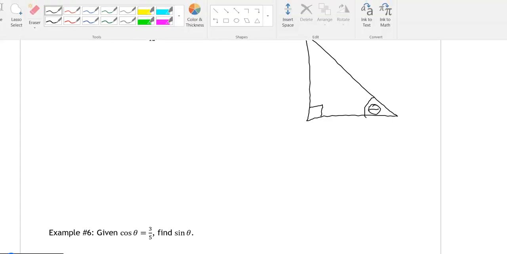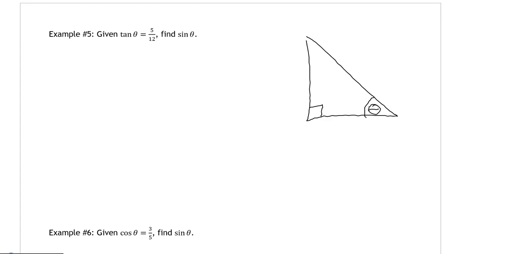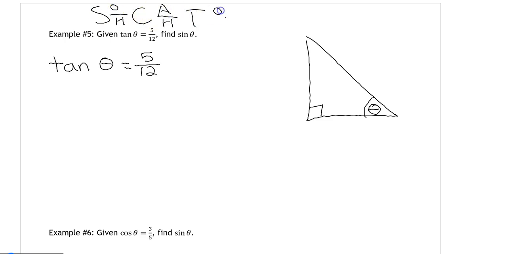So then it tells us tangent of theta equals 5/12. And again, remember, we're still using SOHCAHTOA. We're going to be using it in everything we do.